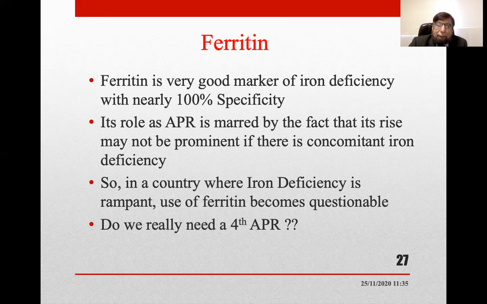I'm against using ferritin as an APR because ferritin is a marker of iron deficiency, and iron deficiency is very common in countries like ours. It is rampant. So there may be masking of ferritin rise in a patient with iron deficiency who develops COVID-19, and you will find ferritin normal.